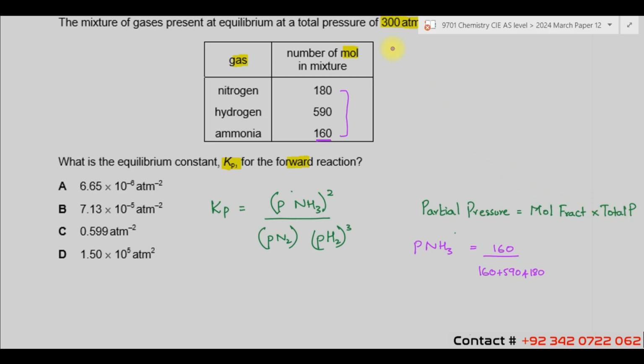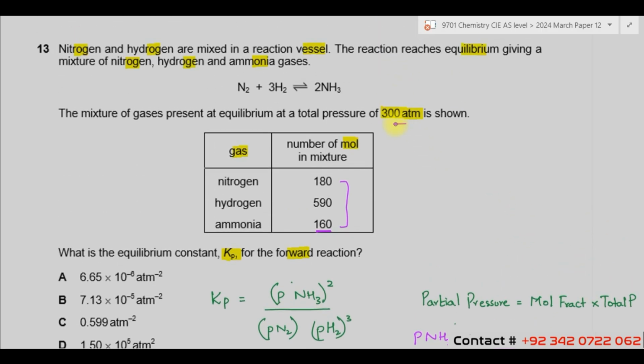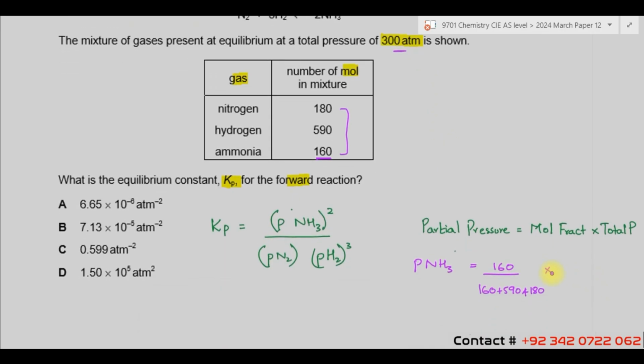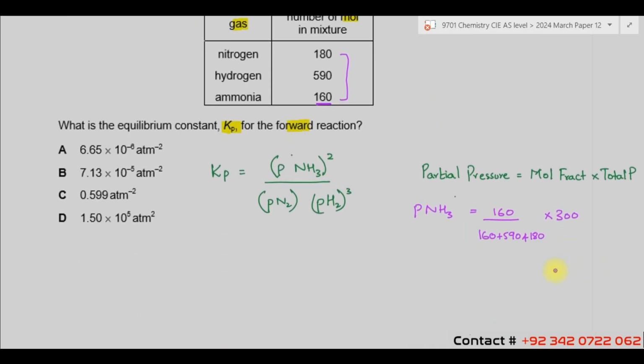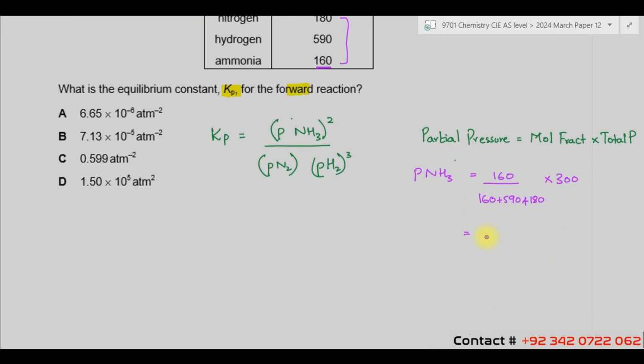Total pressure is 300 atmosphere. Alright, so for partial pressure of ammonia, we have 51.61 atmosphere.